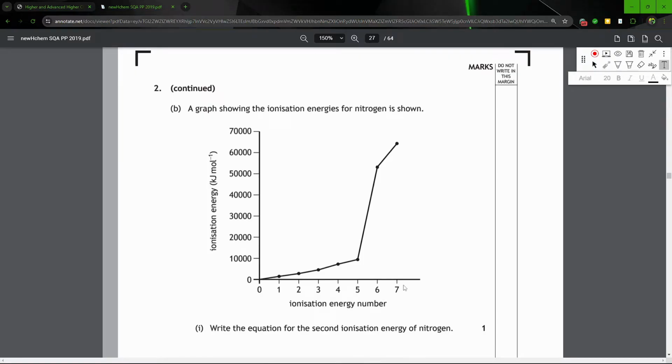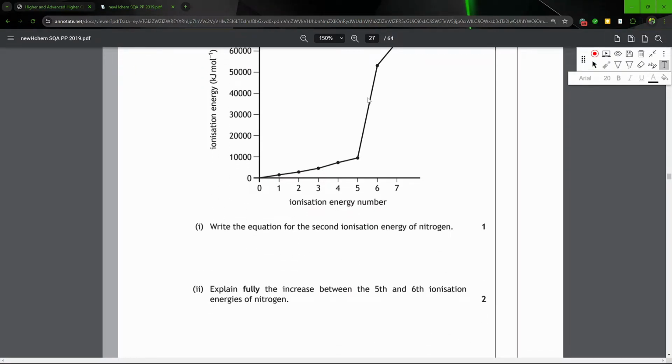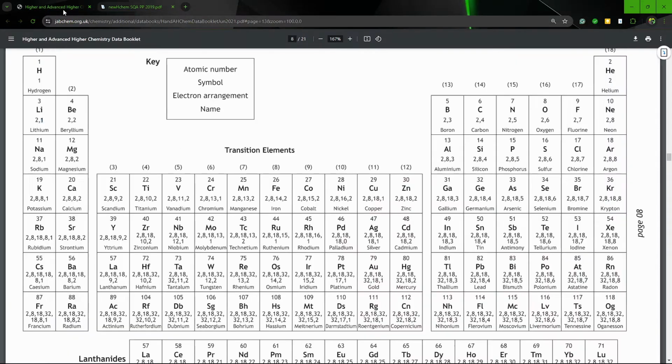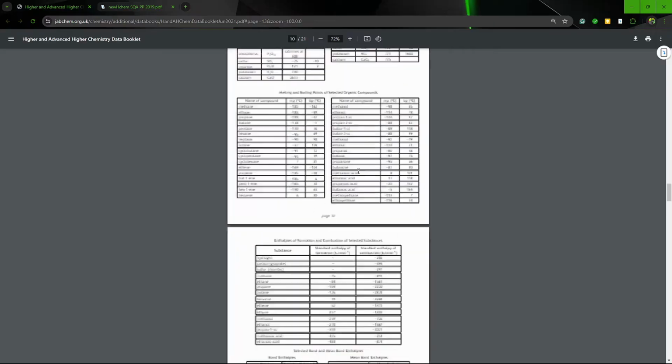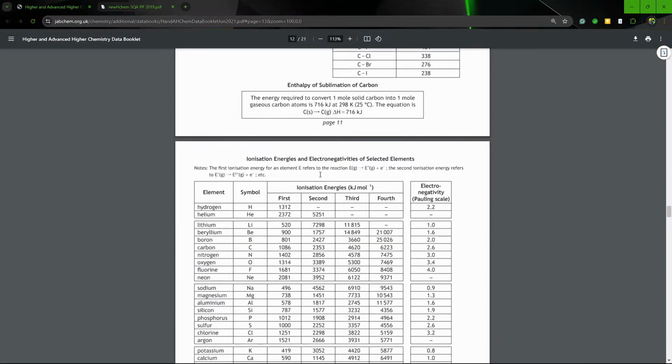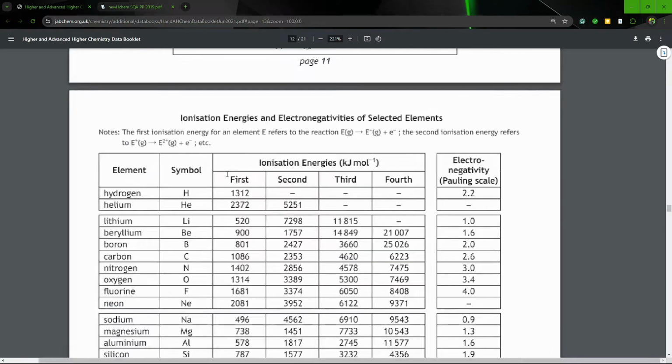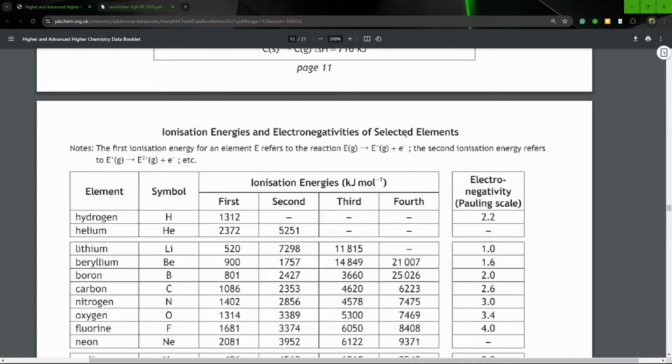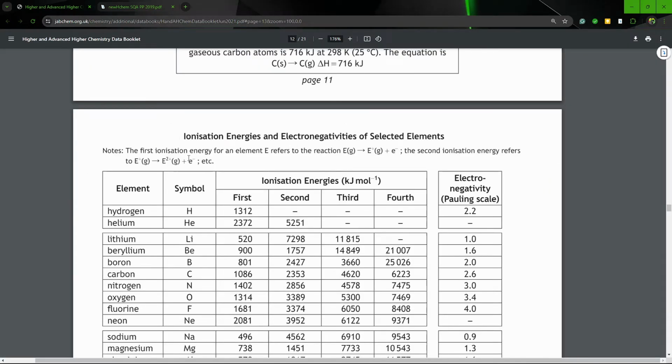Move on. A graph showing the ionization energies for nitrogen is shown. And as you can see here, there's a very steep increase from 5 to 6. It wants us to write the equation for the second ionization energy of nitrogen. So if you want to be lazy, and you want to be as lazy as possible in an exam, that's not a joke, what I recommend is going to your data sheet, because this will actually tell you exactly what you need to do.